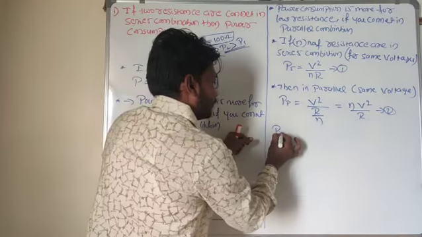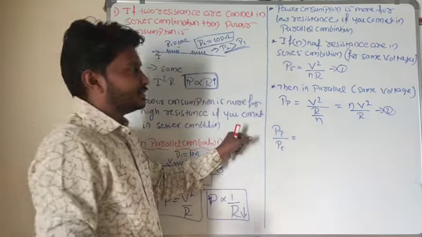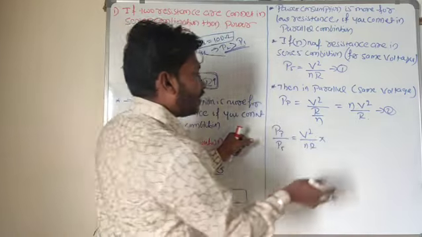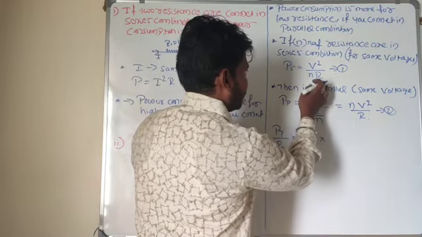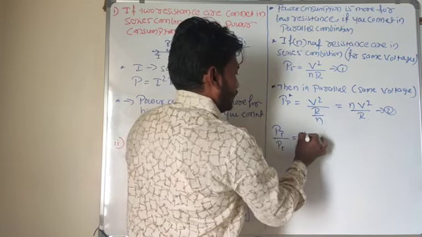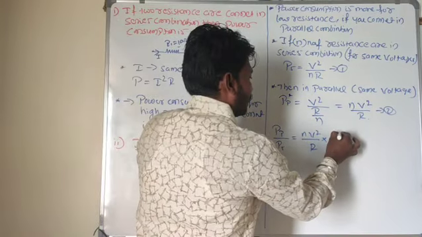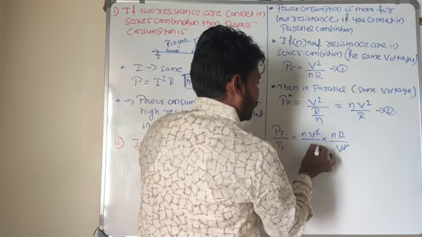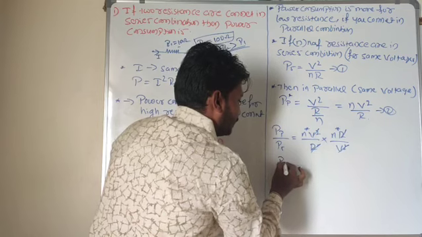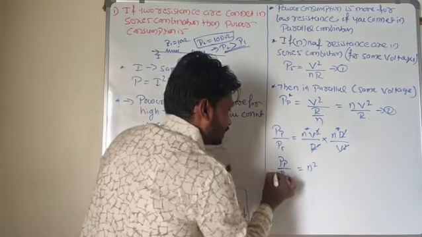I will take the ratio here: power in case of parallel divided by power consumed in case of series. That is n into V square by R, divided by V square by n into R. The V square term gets cancelled out, the R term gets cancelled out, leaving n into n, n square. So power consumption in case of parallel to that of series is equal to n square.